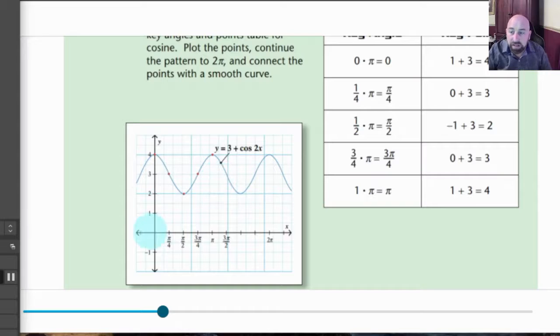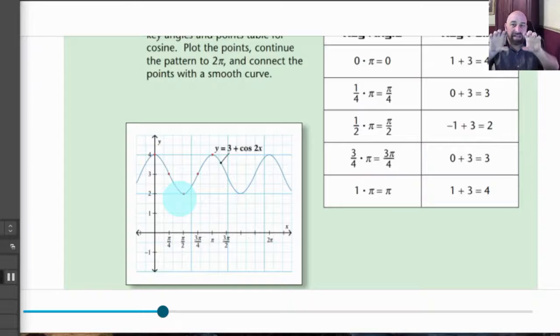So instead of being here along the x-axis, it's 1, 2, 3, and it's right here along number 3. So your amplitude is still 1. The k does not change your amplitude. Your amplitude stays the same. What the k does is it takes the entire line and moves it up or moves it down. It does not stretch or compress the graph.